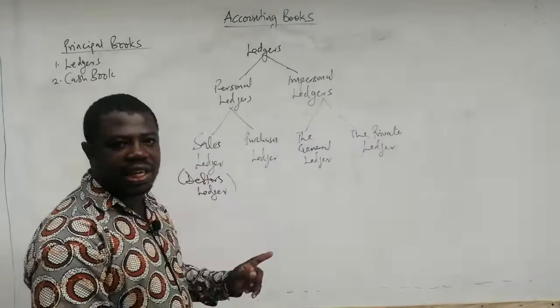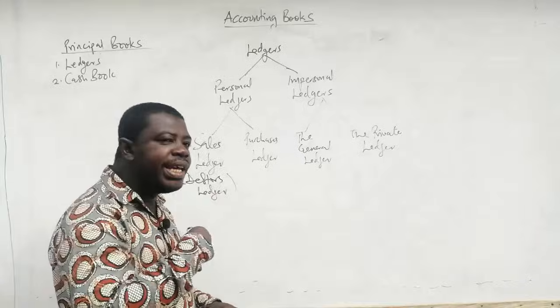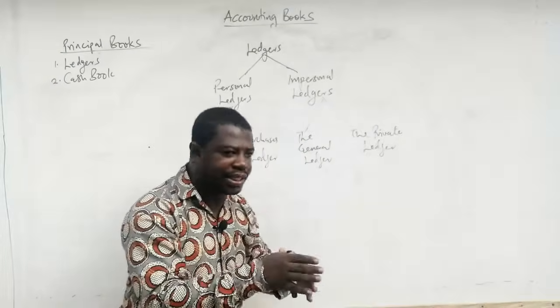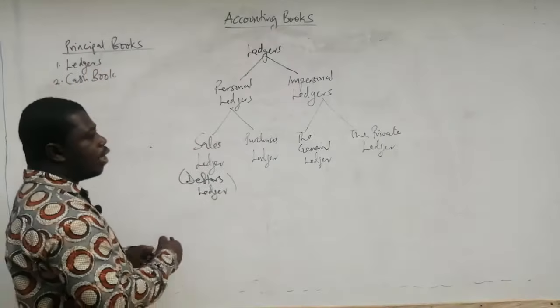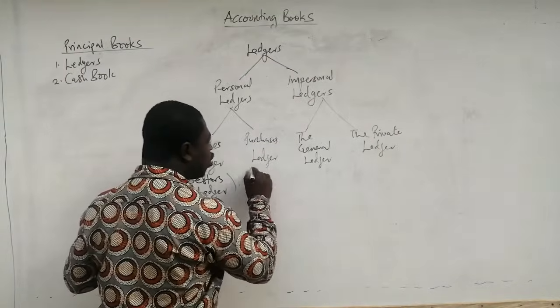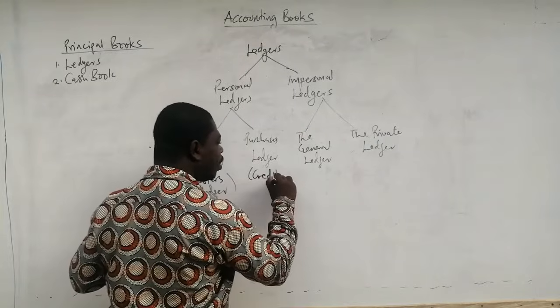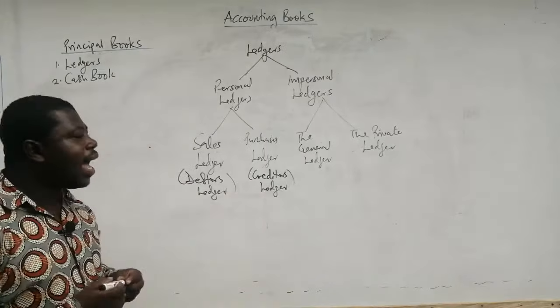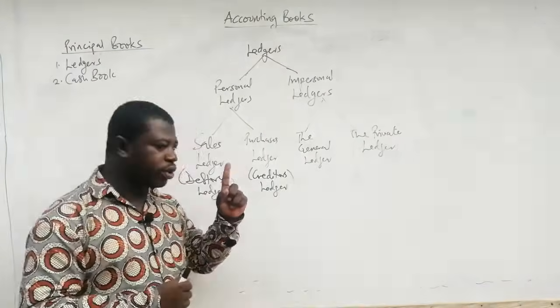It is a credit transaction that will give rise to you opening the name of a business or a person in your book as an account. And so purchases ledger can also be called creditors ledger, because in the purchases ledger, accounts of creditors are found.